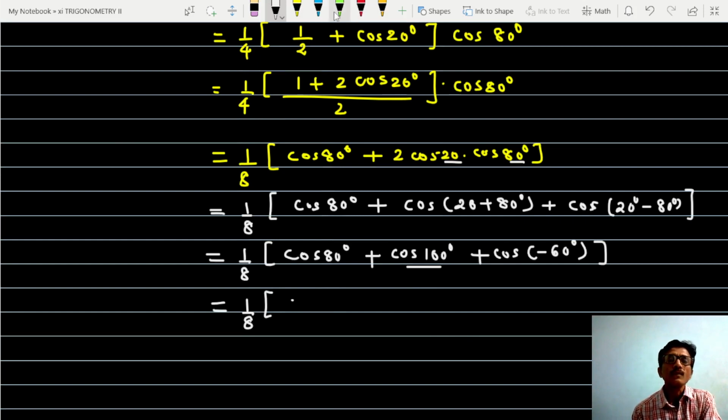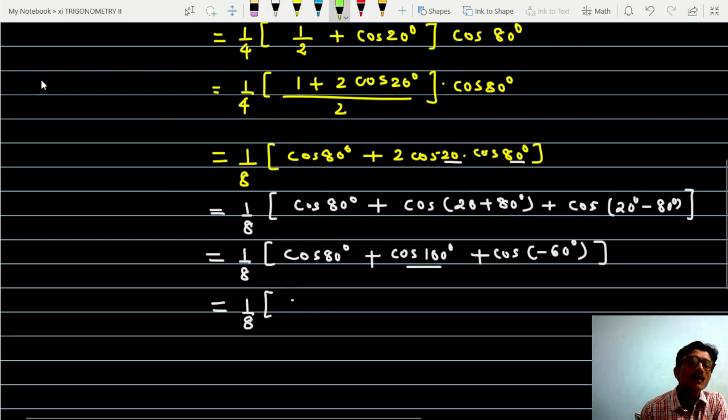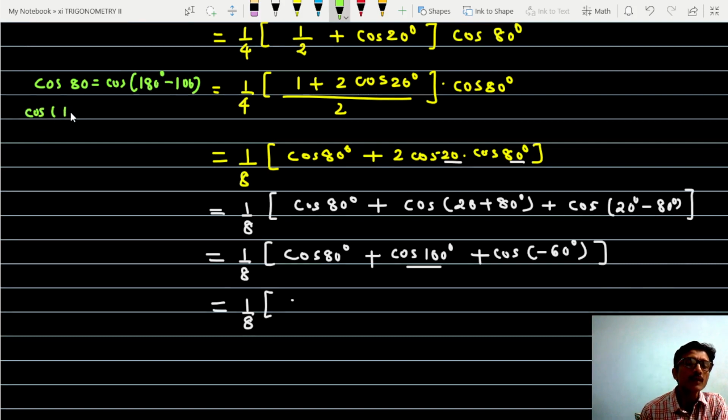Here cos of 80 we can write as cos of 180 minus 100, and we use here the cos of pi minus theta formula. What is cos of pi minus theta? It is equal to minus cos theta.